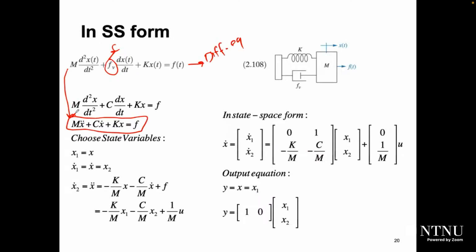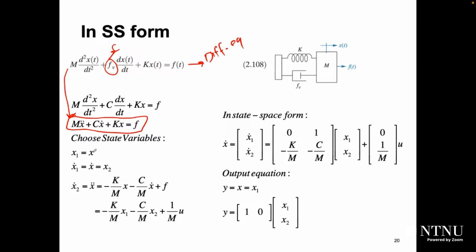If you want to get a state space representation of this differential equation, we need to choose state variables. We will choose the first state variable, x1 equal x, the displacement. We differentiate this one, so x1 dot will be x dot, and we will call it x2.